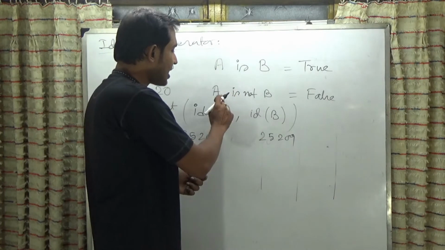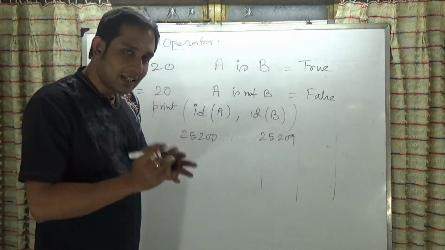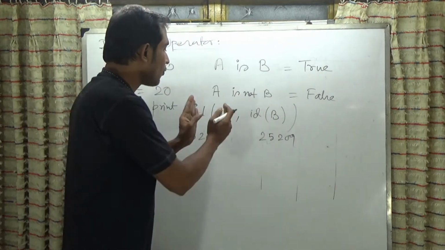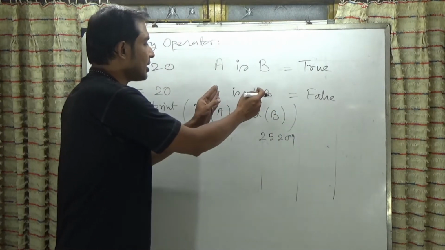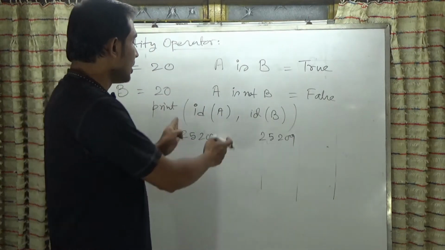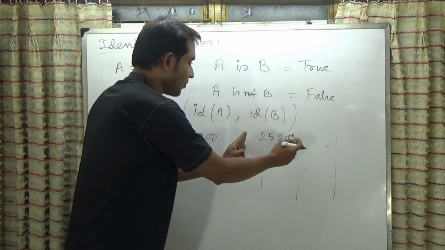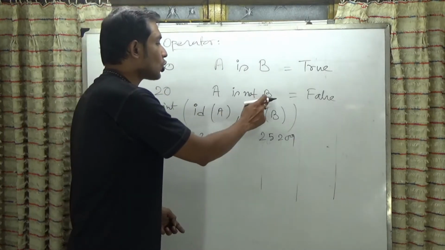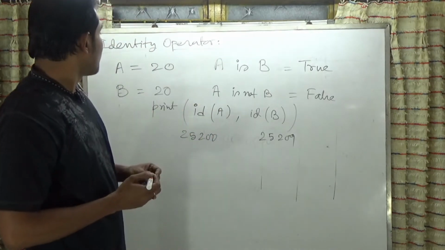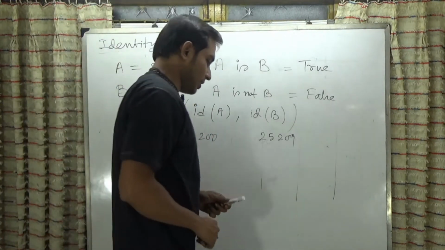And as for A is not B, the memory addresses or references are not the same for A and B, so the is not operator is successful. For this reason, when the memory addresses are different like this, A is not B returns the true value. So in this way the identity operator works.